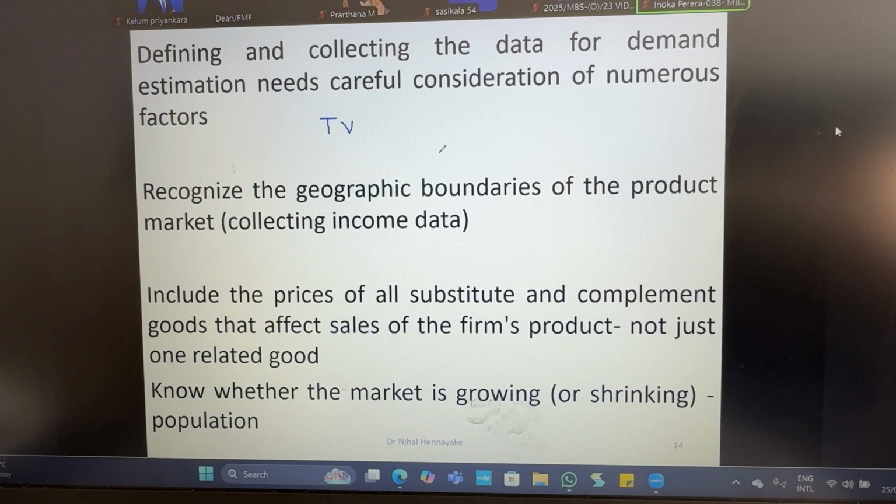Brand name. Okay, brand name. So now I am saying that I want to estimate the demand for Singer TV. Is it okay now?